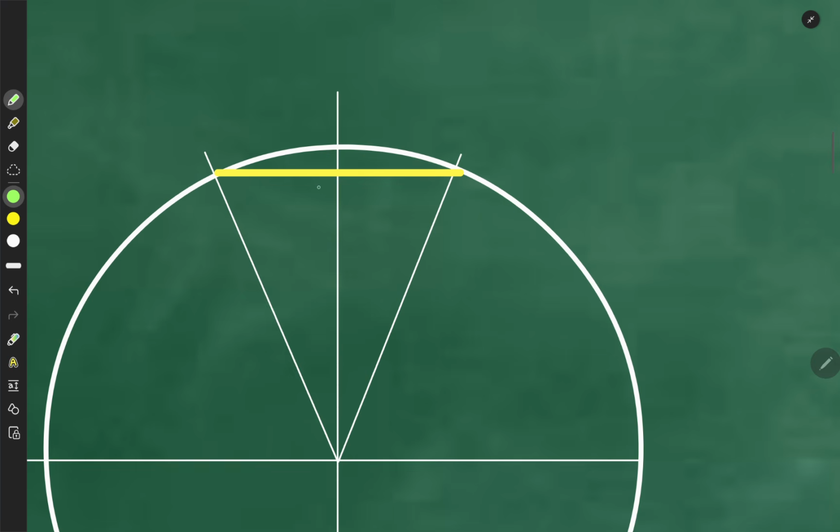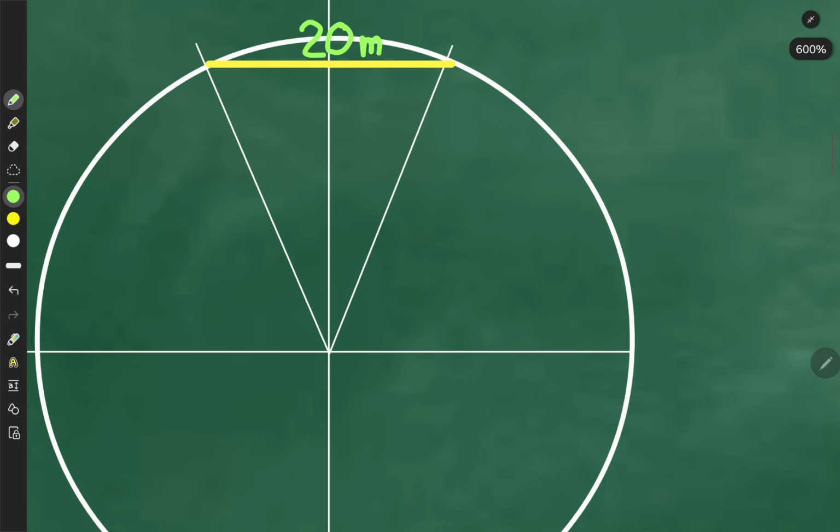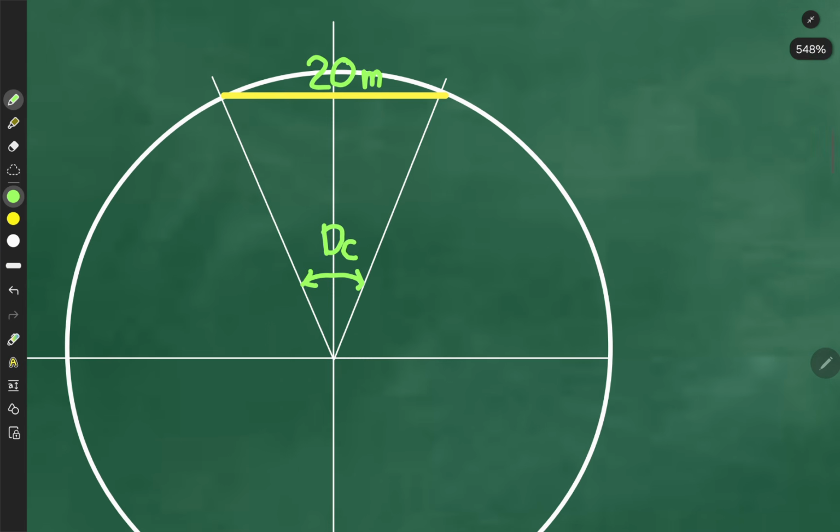So this is just 20 meters. Okay? So this is now our degree of curve by chord definition.